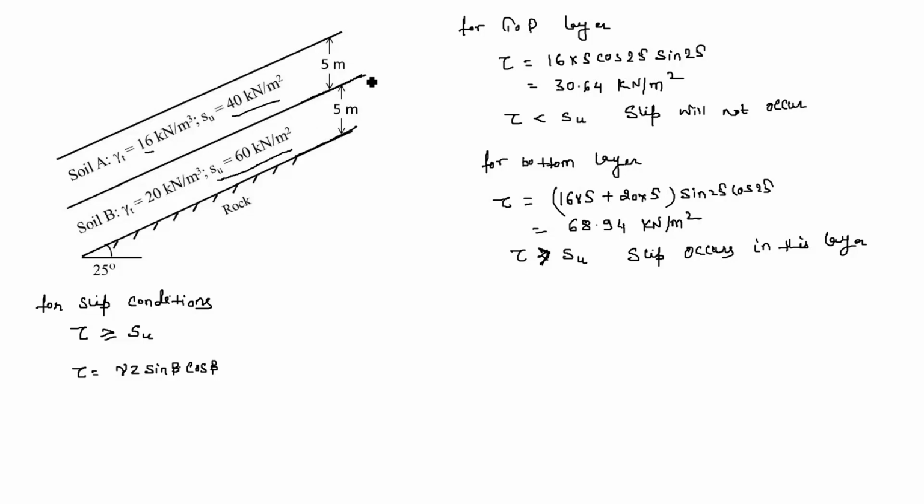Suppose the depth is z from the bottom of the top layer. Ultimately we need to find this depth from the top, so this will be z plus 5. First we will find this depth z.